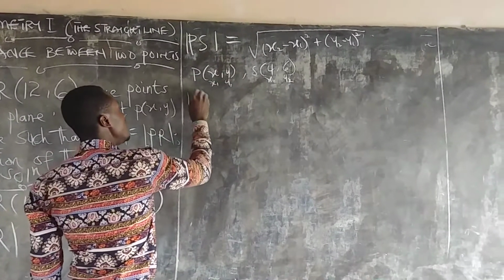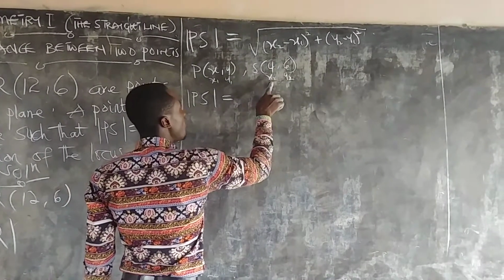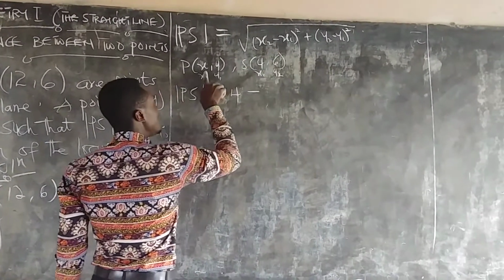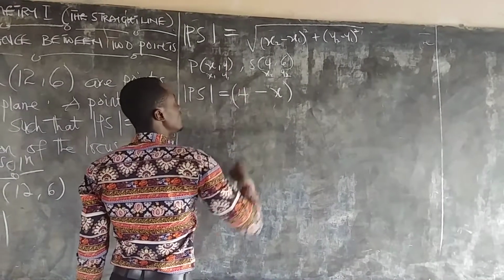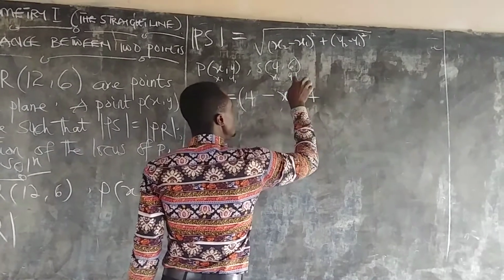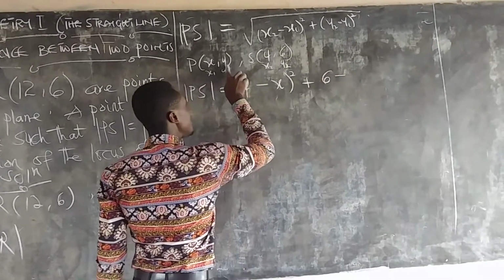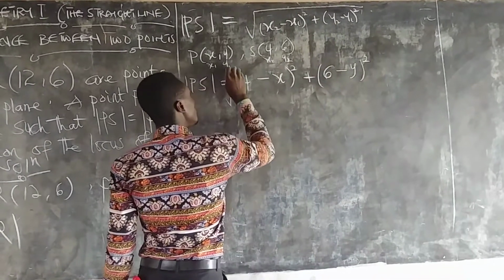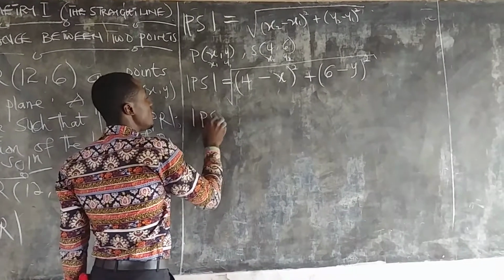So the length of PX will be equal to the square root of: x2 is 4, so you write your 4 minus x1, which is x, then you bring the square, plus y2 is 6 minus y1 which is y, then you bring your square, all roots.